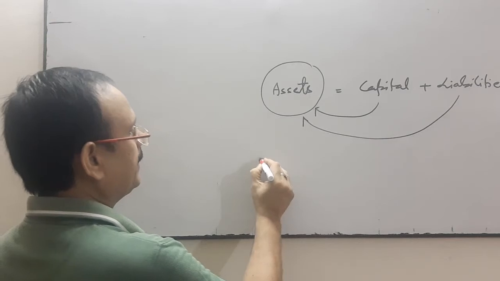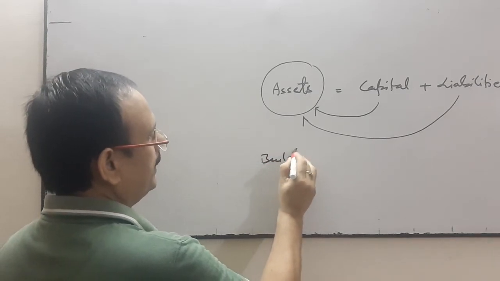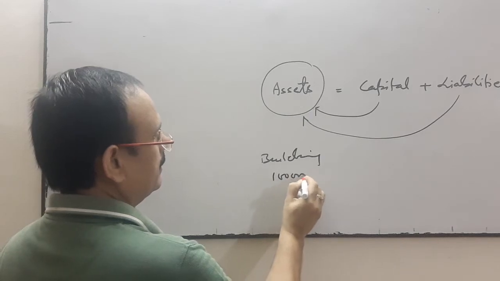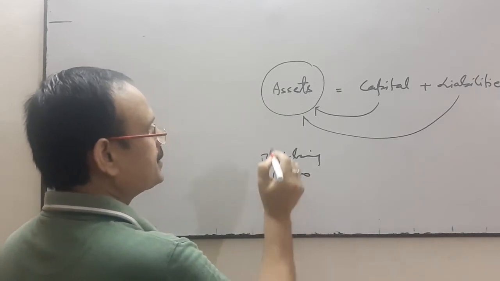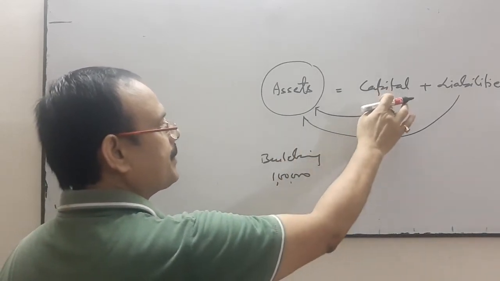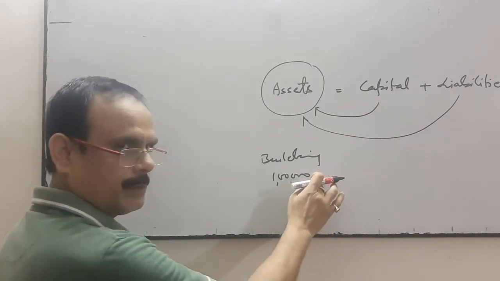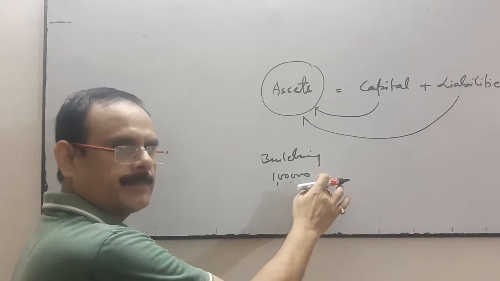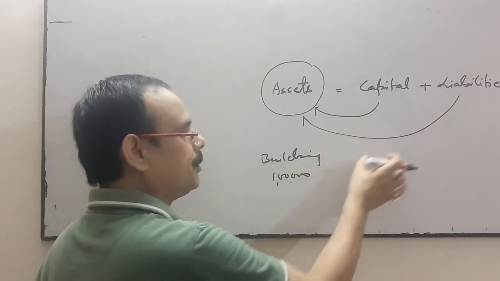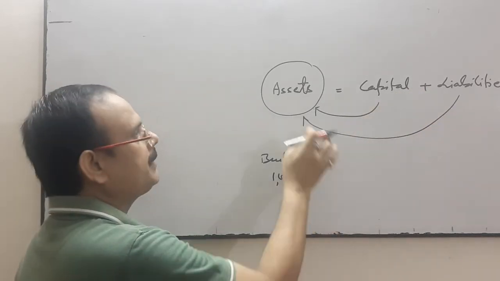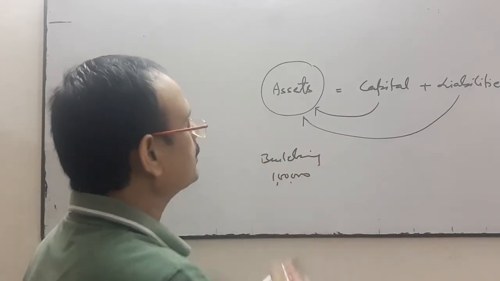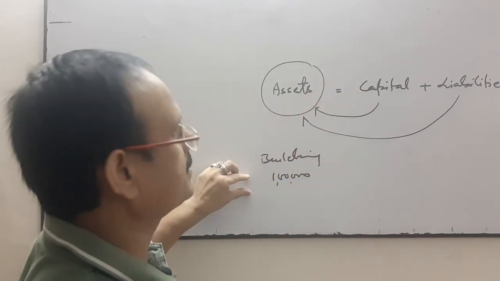For instance, building is one of the assets. Building is 1 lakh. This building may be purchased by the business from the capital amount, maybe from the external liability, or maybe from both. If it is only from capital, then the owner's fund is utilized.